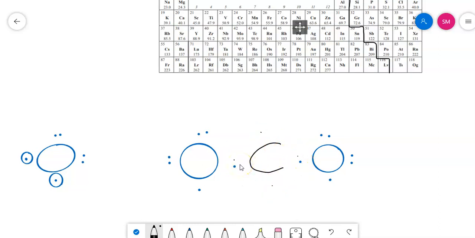So carbon only actually has 6 electrons there. Each oxygen, how many electrons do these have? 1, 2, 3, 4, 5, 6, 7. So the oxygens don't have enough electrons either. So we need to work out a way to give each of these atoms 8 electrons in their outer shell.